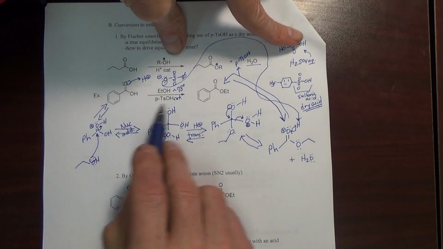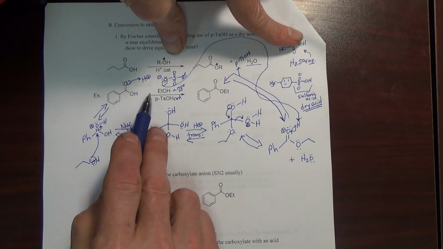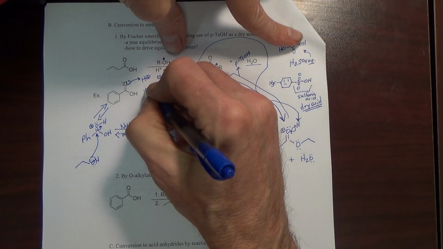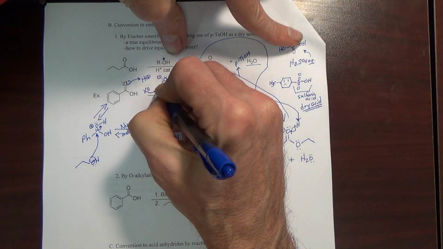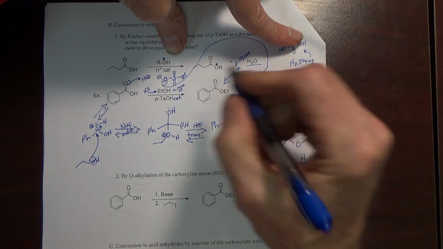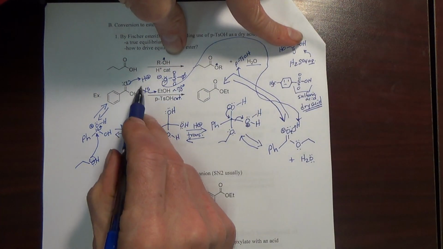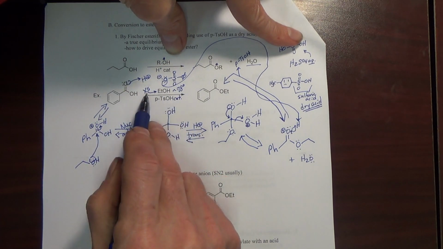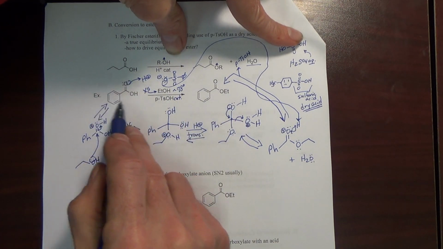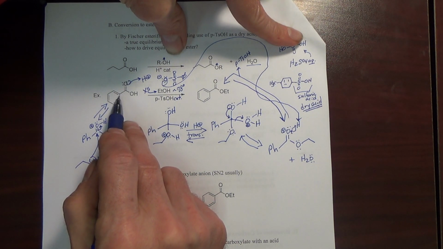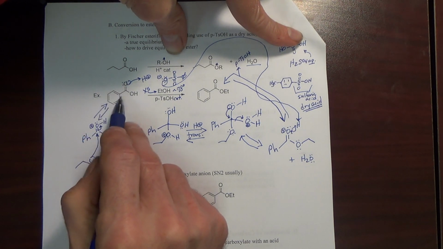Another more common way to drive this equilibrium is to use excess of the alcohol. Okay? Excess. We can abbreviate that as XS. Because we can drive the equilibrium to the right by adding more of the starting materials. Where you don't want to add more of your acid, that is just theoretically not going to work. You want to consume all of your acid.